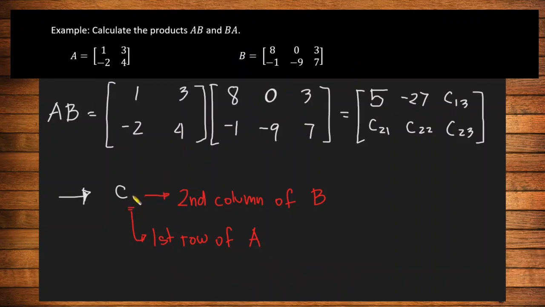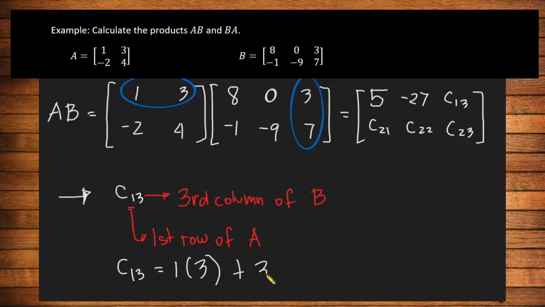And then for the next element, C sub 1,3. So again, using the subscript as our guide, we will take the first row of matrix A and then the third column of matrix B. So again, yung gagawin nyo lang parang dot product lang. So that will be equal to 1 times 3 plus 3 times 7, which is equal to 24.